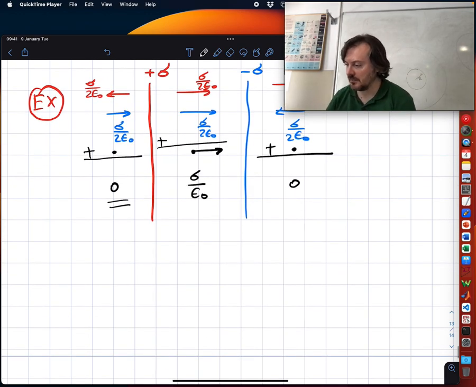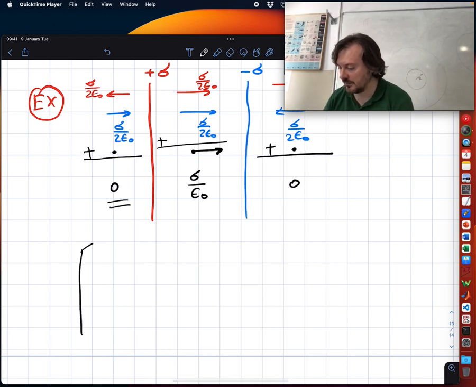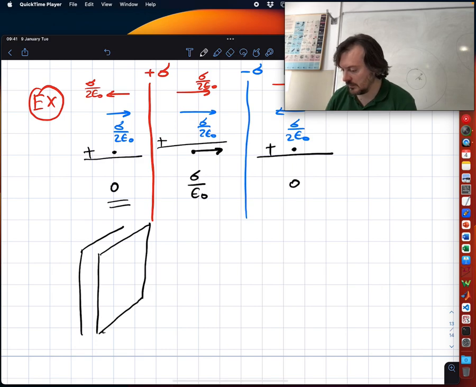In the capacitors, we are going to use this formula. There is this area A, and there is plus Q, minus Q, and let's say the distance d.